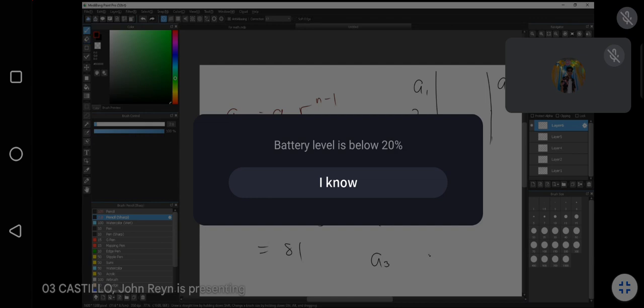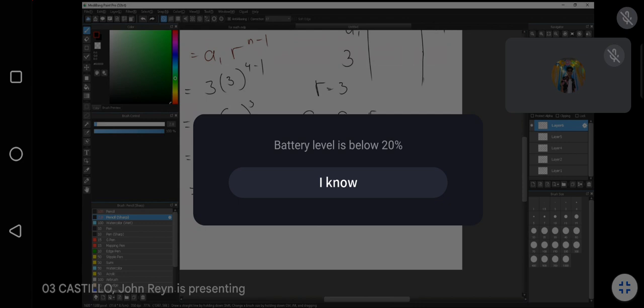The way you solve A2, show it for A3 and A4. So the preceding term would be 9 times R, which is 9 times 3, which would be 27. It's not A anymore, but it's A2. The preceding is A2.